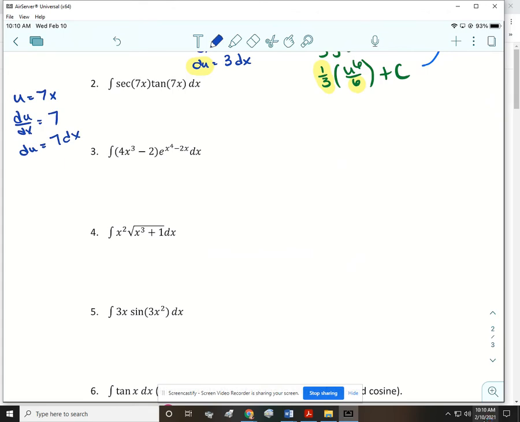Okay. All right, now that 7 dx needs to be in my integral, and it isn't. So what I'm going to do is I'm just going to rewrite it. There it is. But that can't just appear out of nowhere, so I have to counteract it by multiplying by 1/7.